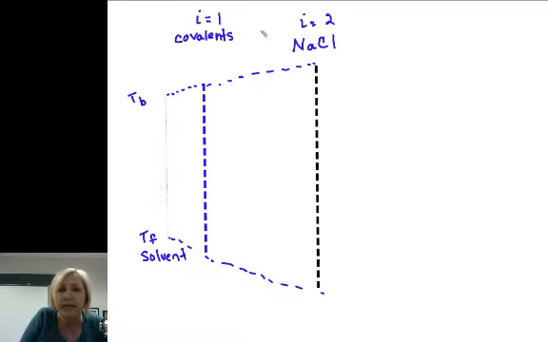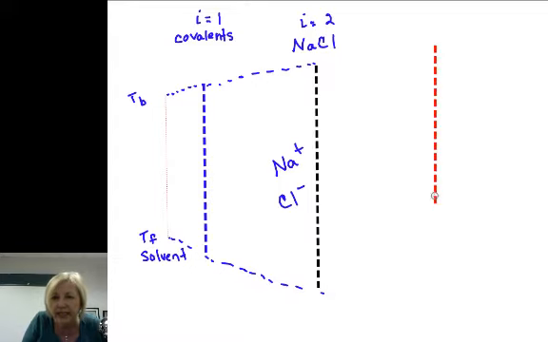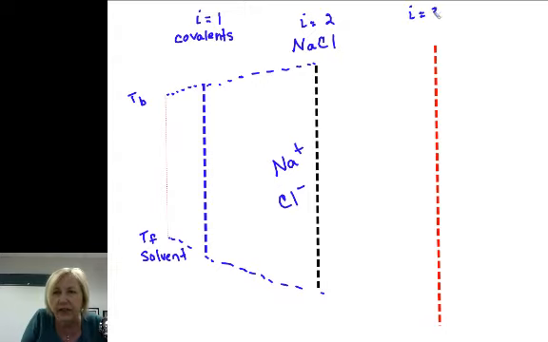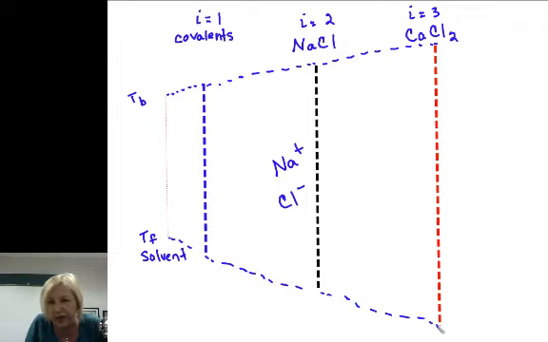Sodium chloride breaks into a sodium ion and a chloride ion, so i is equal to 2. And then if we did i equals 3, I hope by now you're getting this pattern down. And here we would have i equal to 3. In this case, you may have something like calcium chloride. And again, we have a higher elevation and a lower depression.